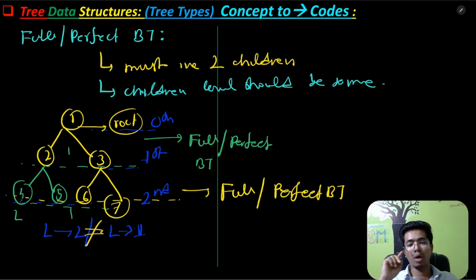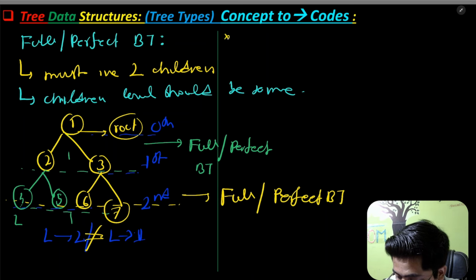Okay, so we understood all these types of trees. There is also one more tree called the strict binary tree. So let's understand the strict binary tree with an example.